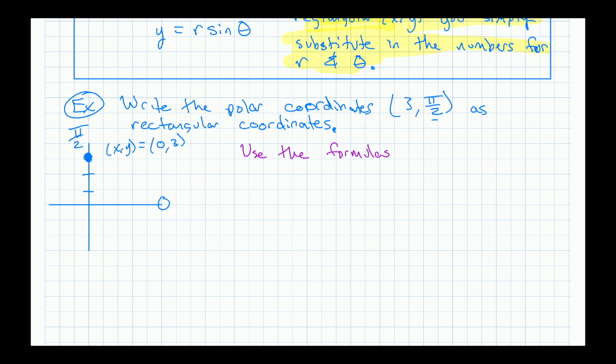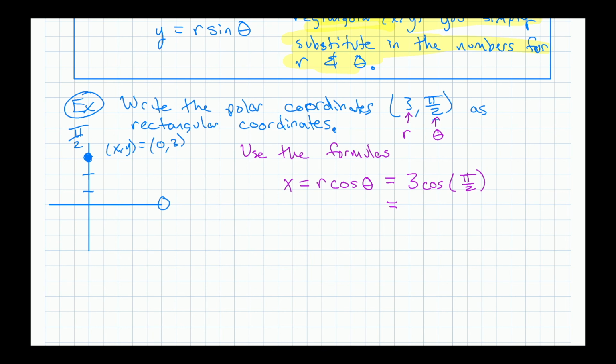You have x equals r cosine theta according to the formula, and then you simply put in your numbers. So we know that your r is 3 and your theta is pi over 2. So you have 3 cosine pi over 2. You just make sure your calculator is in radian mode.